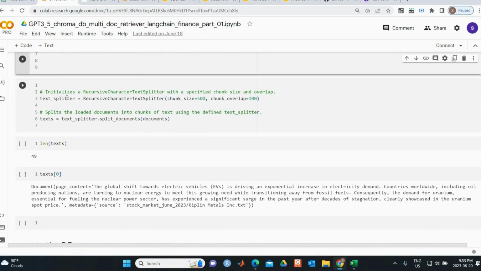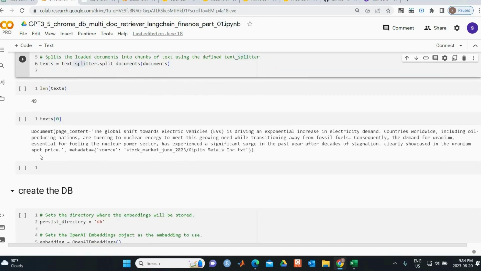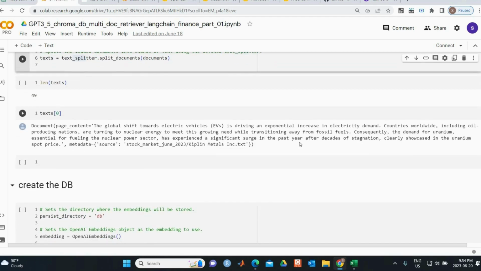Then we initialize the recursive character text splitter with a specified chunk size and overlap. We split the loaded documents into chunks of text using the specified text splitter, and we can also look at the first one here. This is the first text.